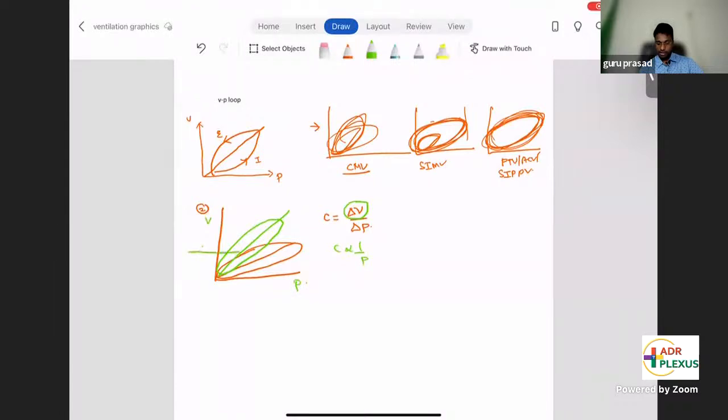The graph which requires less pressure for that volume has more compliance. For example, green is requiring this much pressure and orange is requiring this much pressure. Of the two, more pressure is required by orange and less pressure is required by green. So it is inverse, no? The less pressure, the more compliant. So green is more compliant.